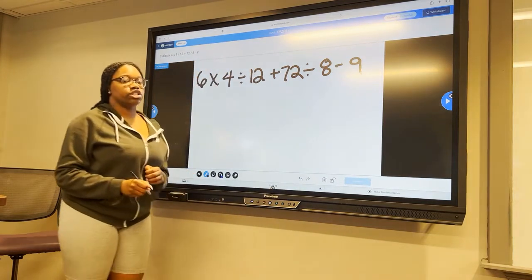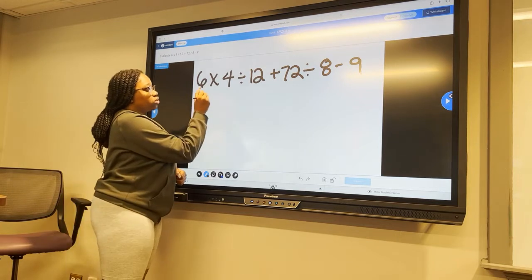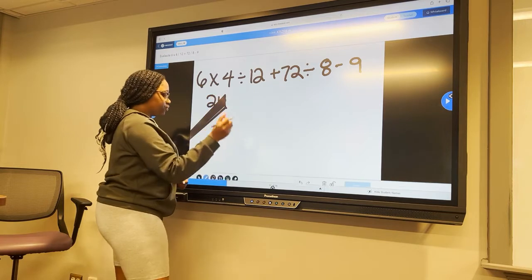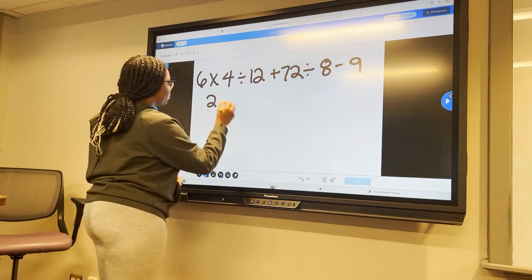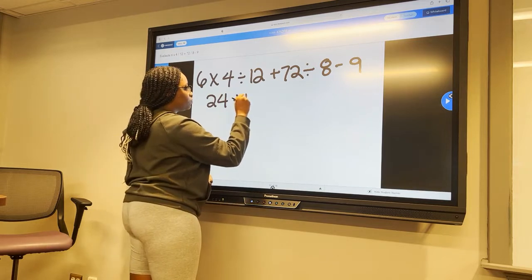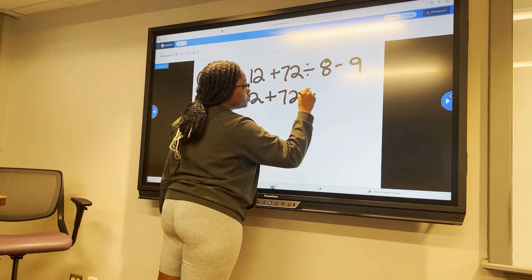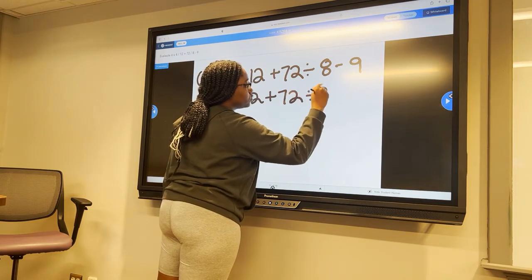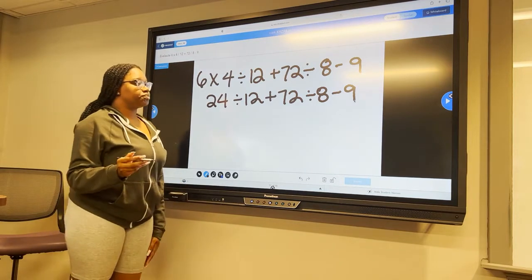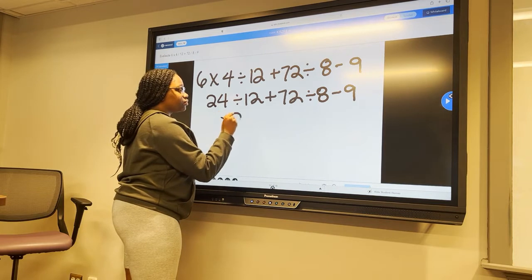What will be our first step? 6 times 4, which equals 24. What will be our next step? 24 divided by 12, which equals 2.